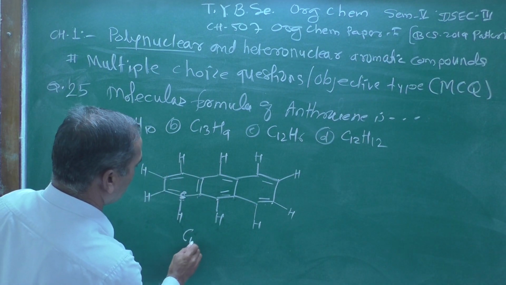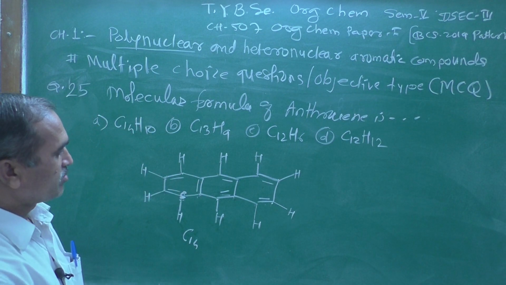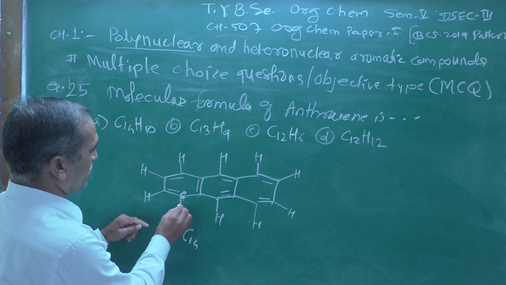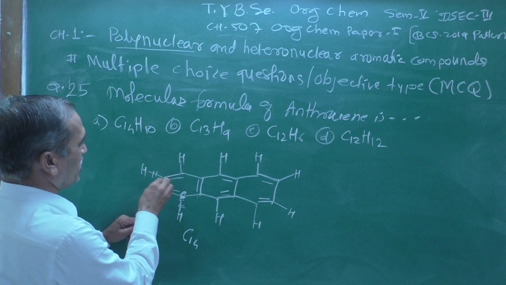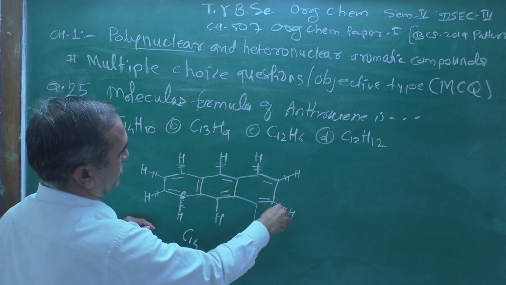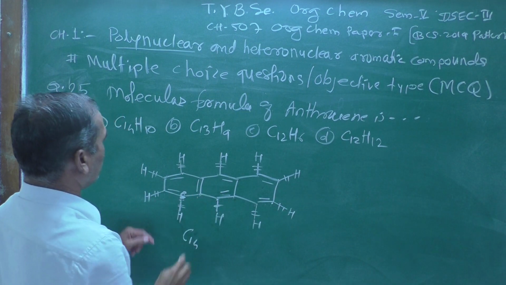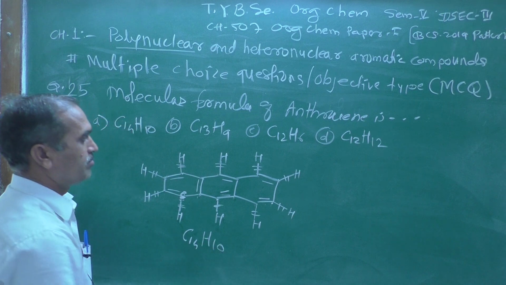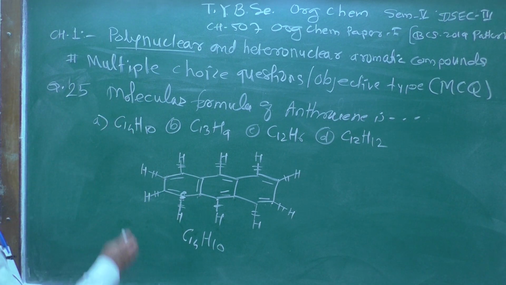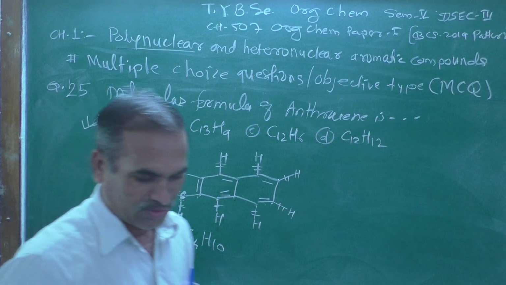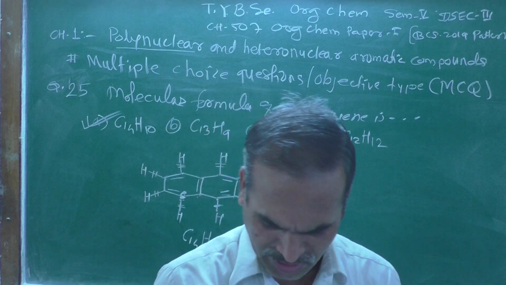So there are 14 carbons. Now count the number of hydrogen atoms: 1, 2, 3, 4, 5, 6, 7, 8, 9 and 10. Look here, C14 and H10. Is there such an option? Yes, the first option is there, so it will be the correct answer for this question.